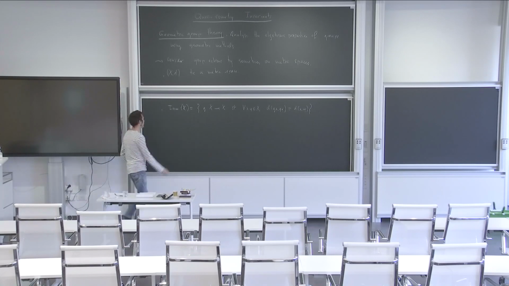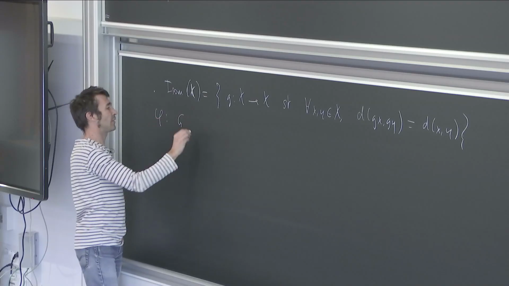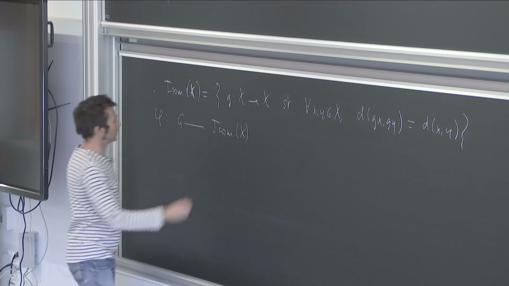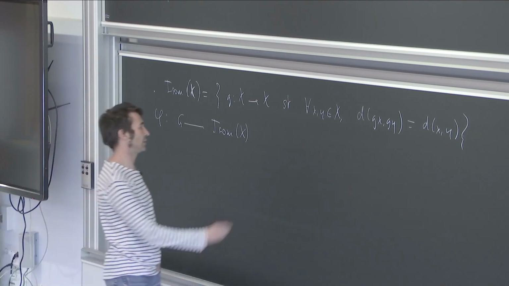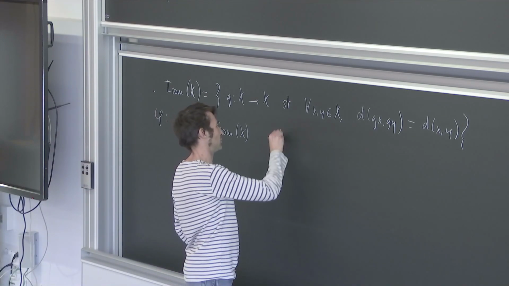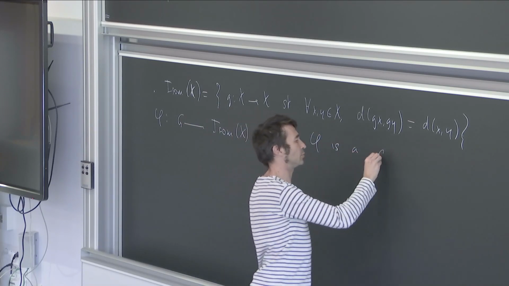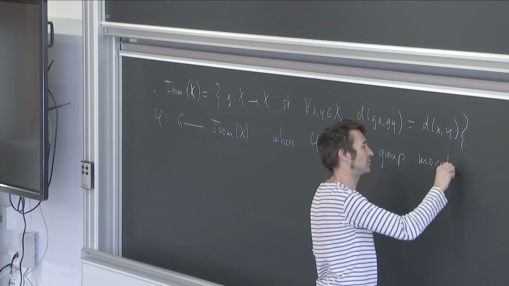Okay, so looking at a group action means that we are looking at a group G and a morphism phi to the group of isometries of X, where phi is a group morphism.